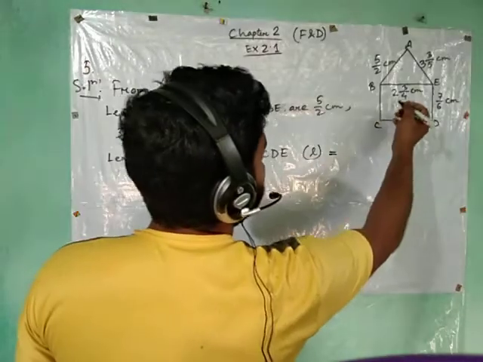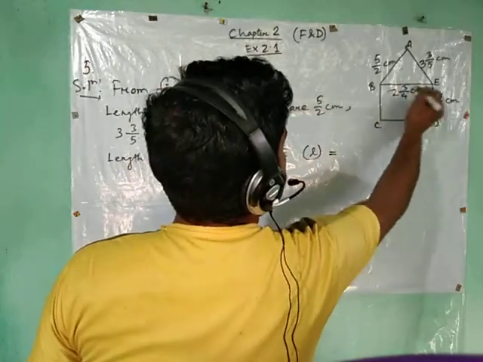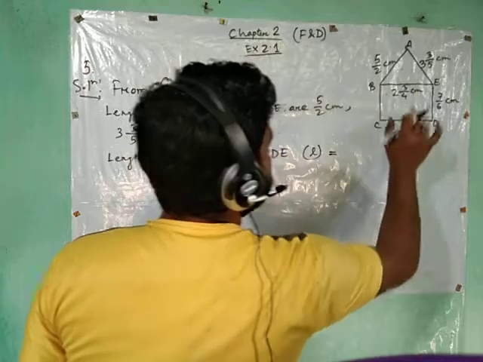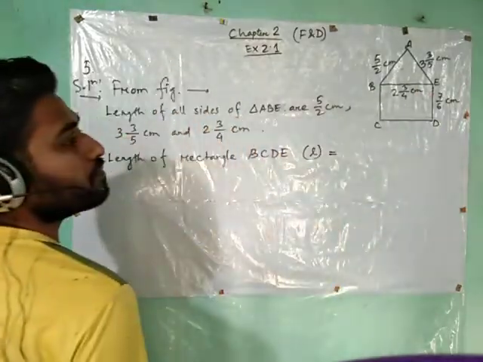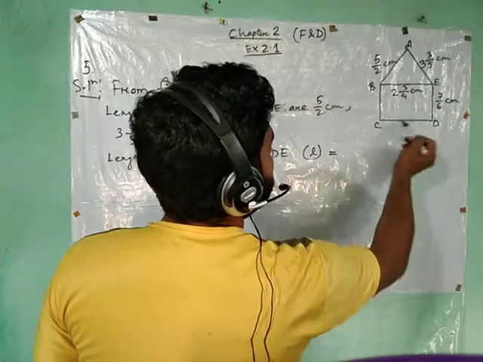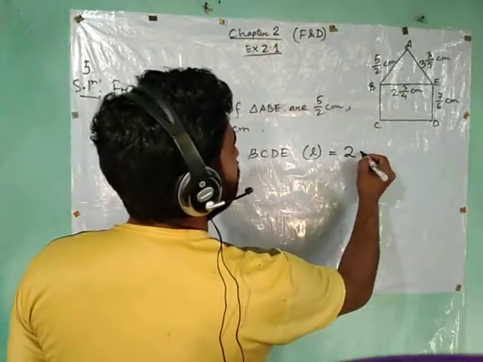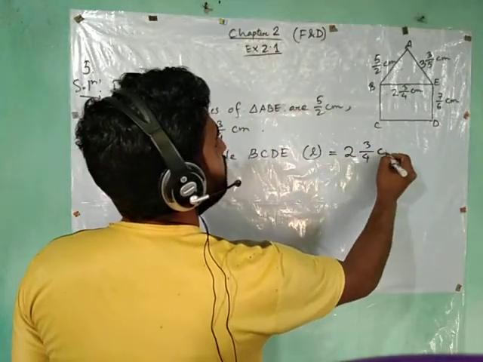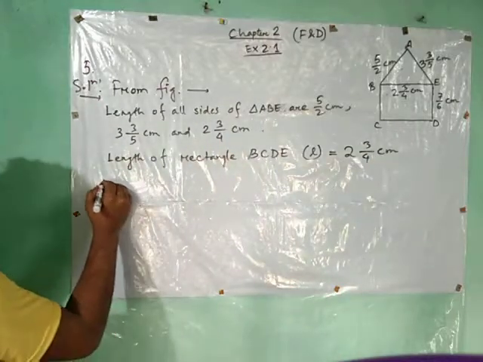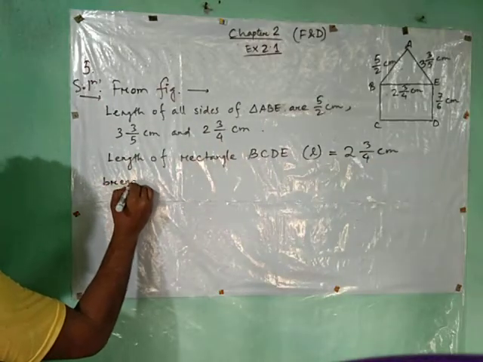This one is the length for this particular rectangle. So length will be 3 by 4 centimeter.